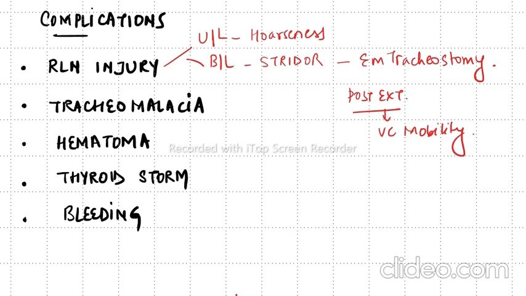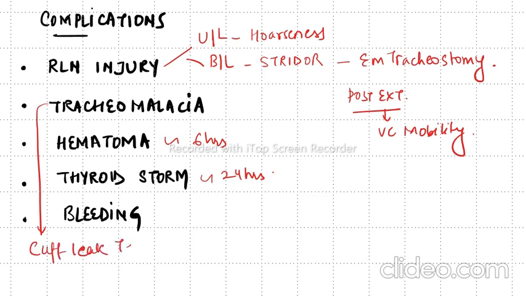Hematoma is a complication, tracheomalacia is a complication. Hematoma can occur up to 6 hours and thyroid storm can occur up to 24 hours. Also bleeding can occur. To check tracheomalacia, we do a cuff leak test. So what will we do?